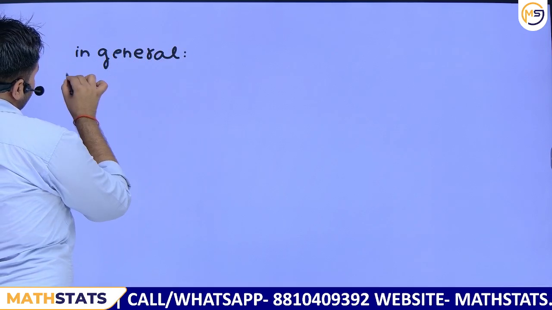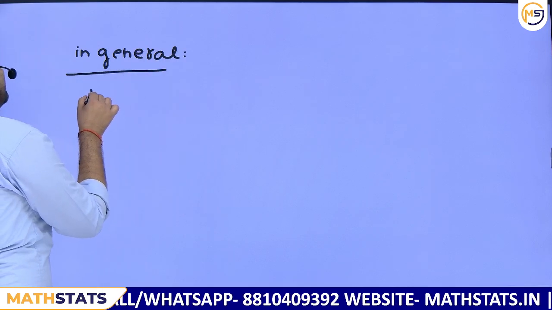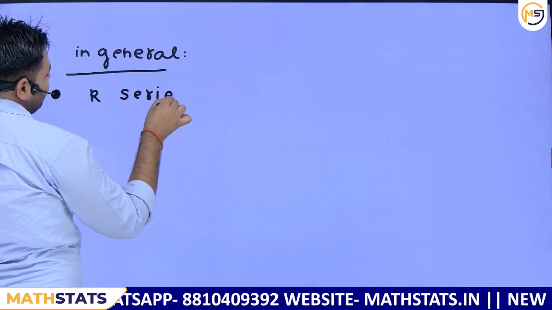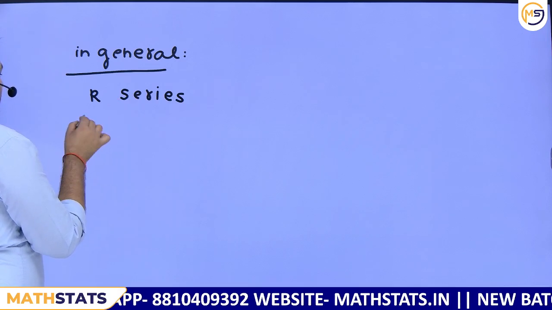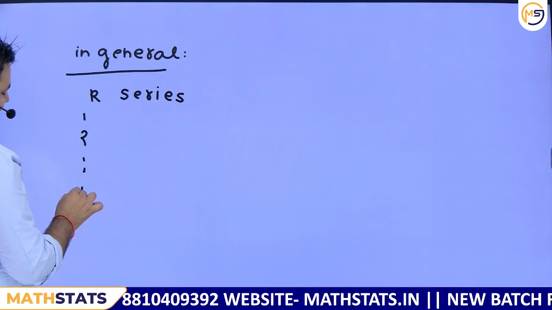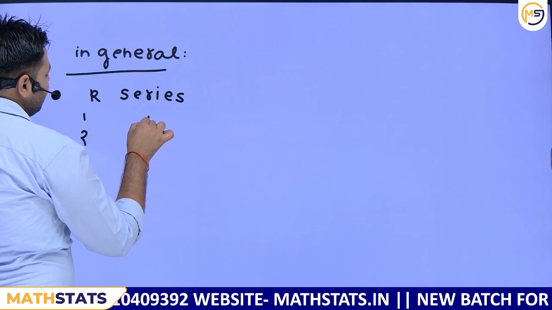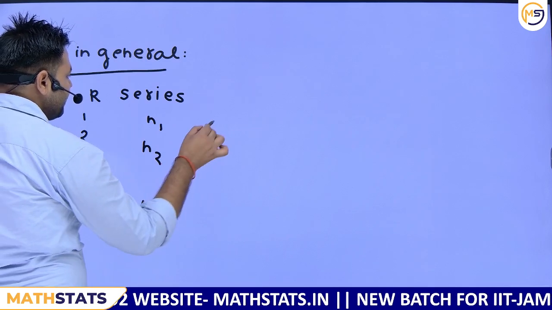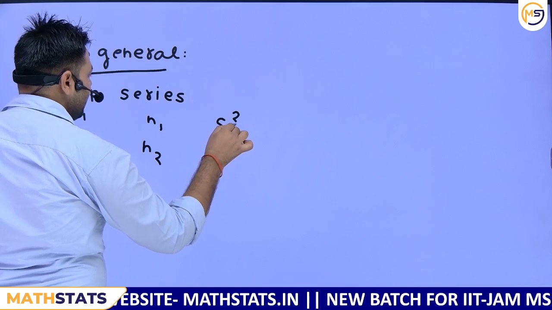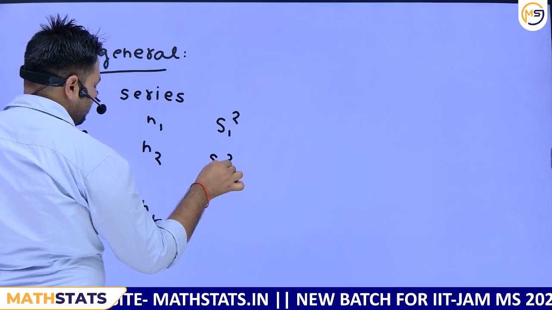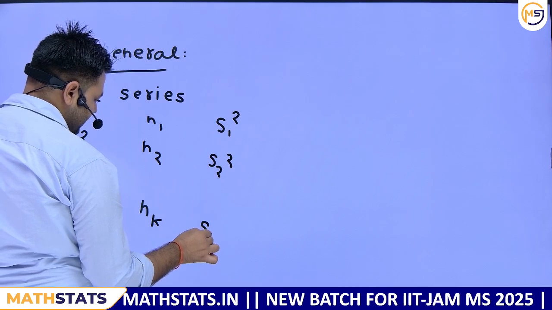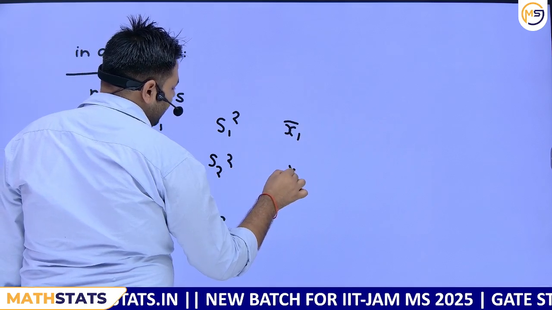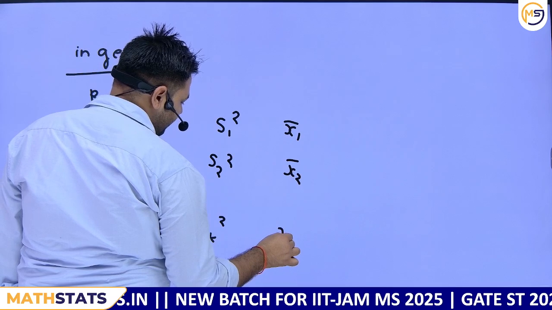In general, suppose we have k series, 1, 2, dot dot dot, k. The sizes are N1, N2, up to Nk, the corresponding variances are S1 square, S2 square, and so on up to Sk square, and the corresponding means are x1 bar, x2 bar, and xk bar.